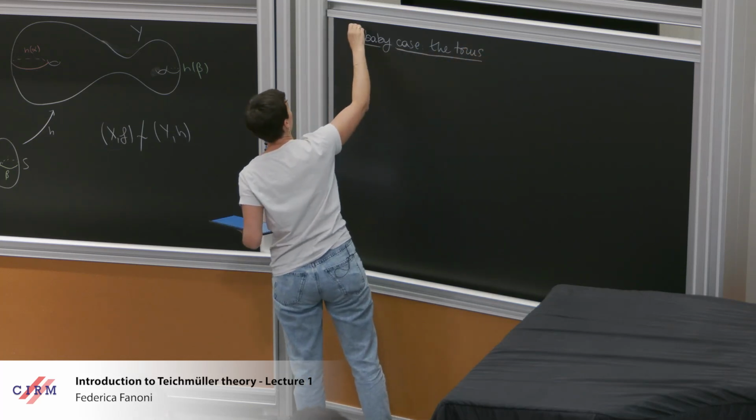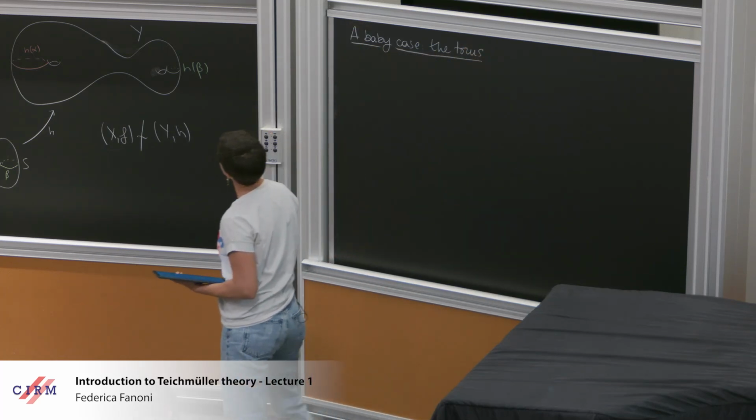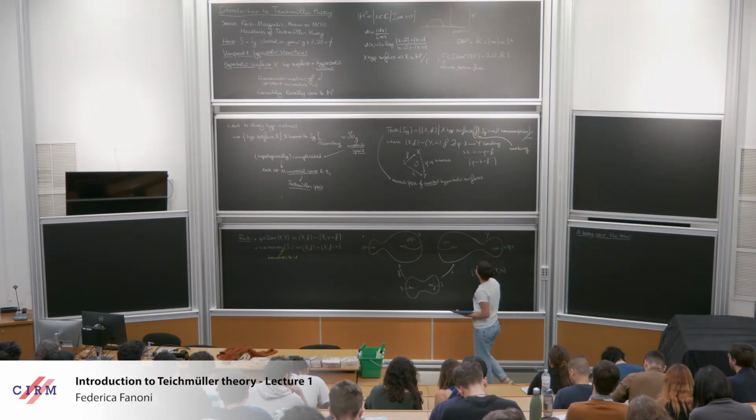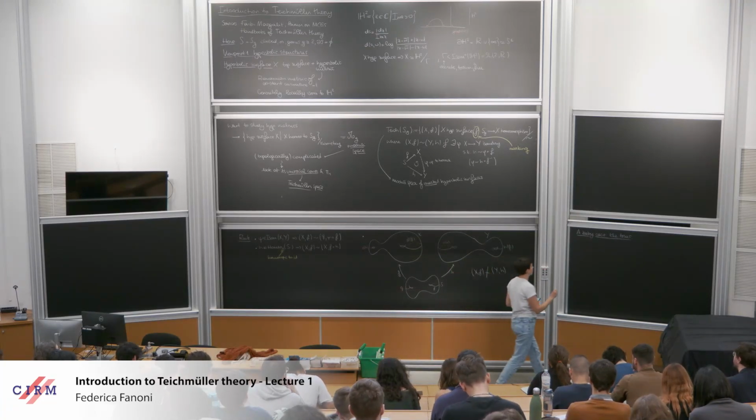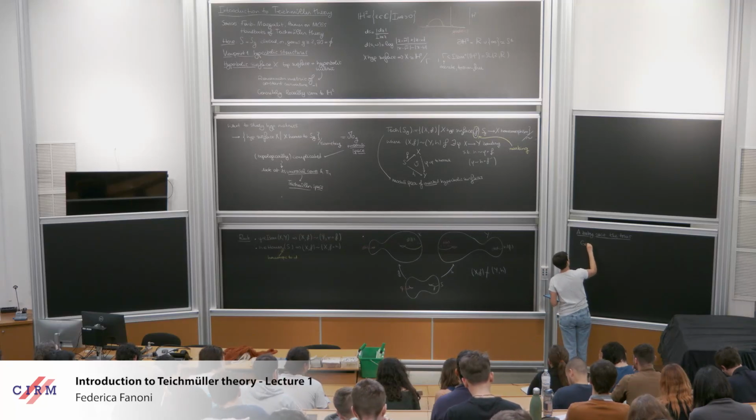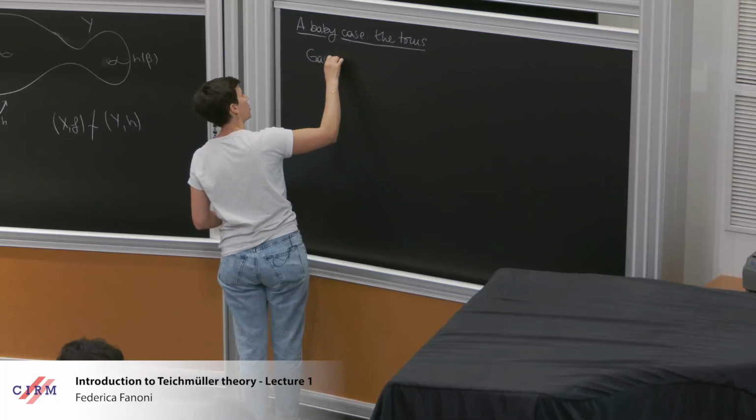Okay, so here we are already going to have to change some things because there's no hyperbolic structure on the torus. This is the Gauss-Bonnet result.